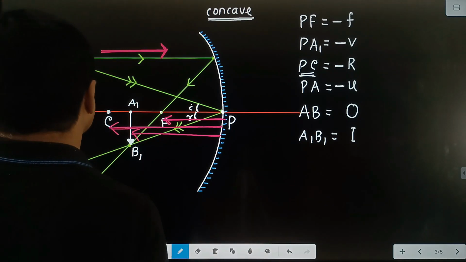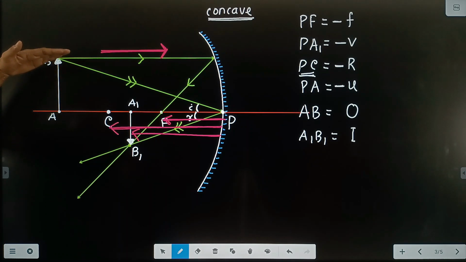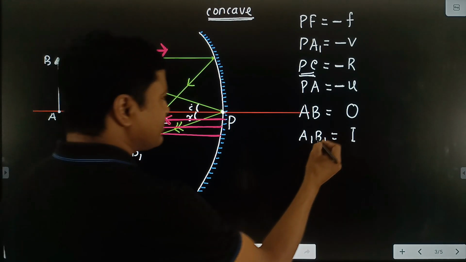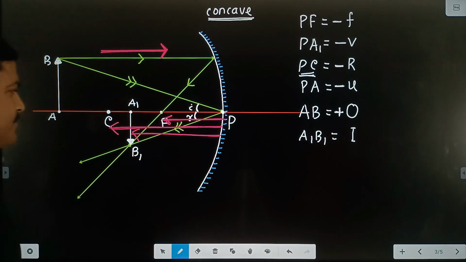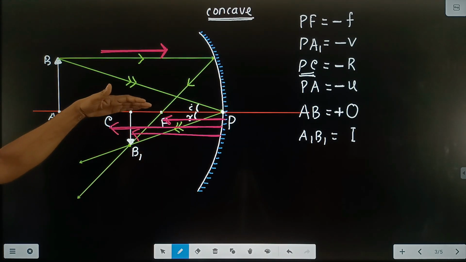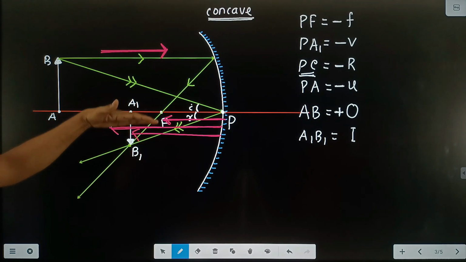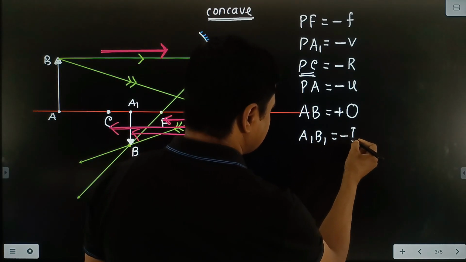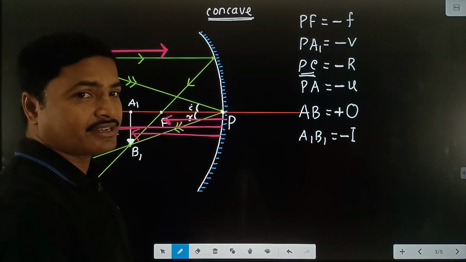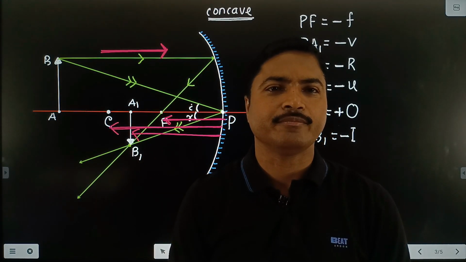Similarly, AB is the height or size of the object, and the object is situated above the principal axis, and above the principal axis we write positive. Clear? And if the image is inverted, it is situated below the principal axis, so the sign is negative. In case of an inverted image, sign is always negative.